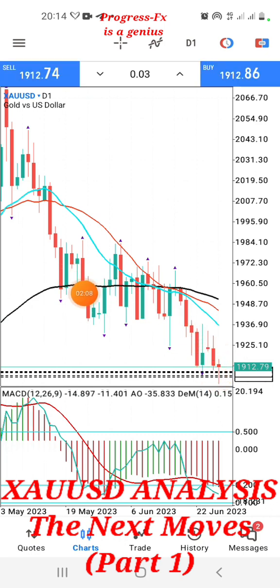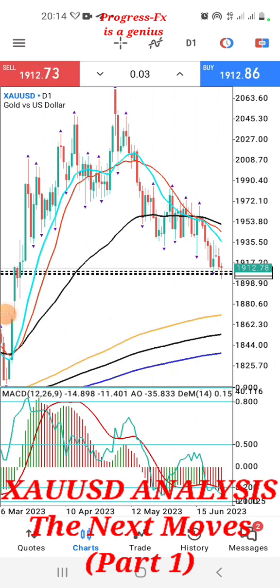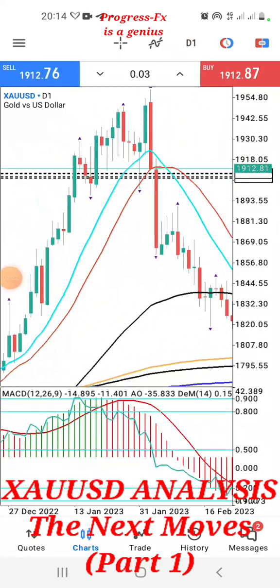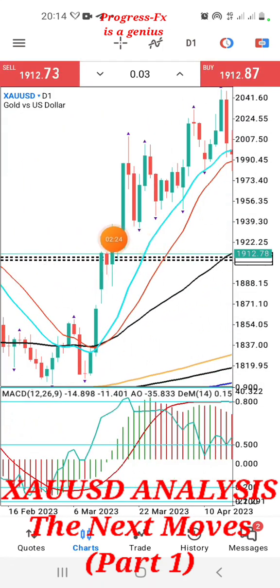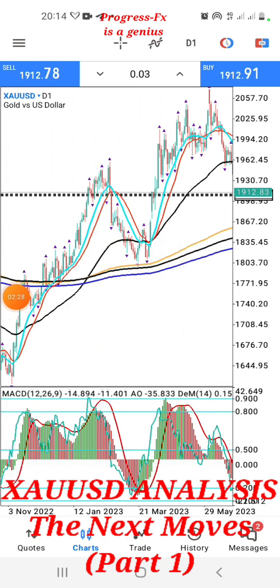So the point here is, based on the previous analysis, we had shapes placed on this particular previous demand and supply area.